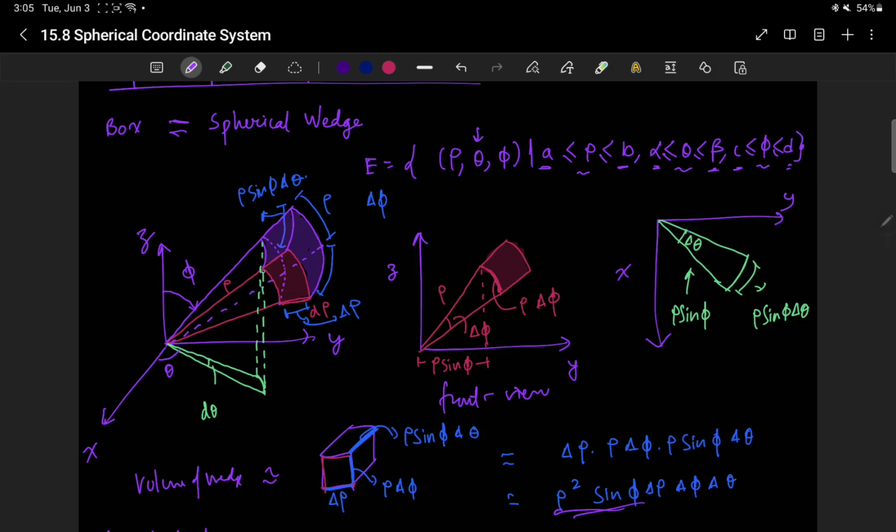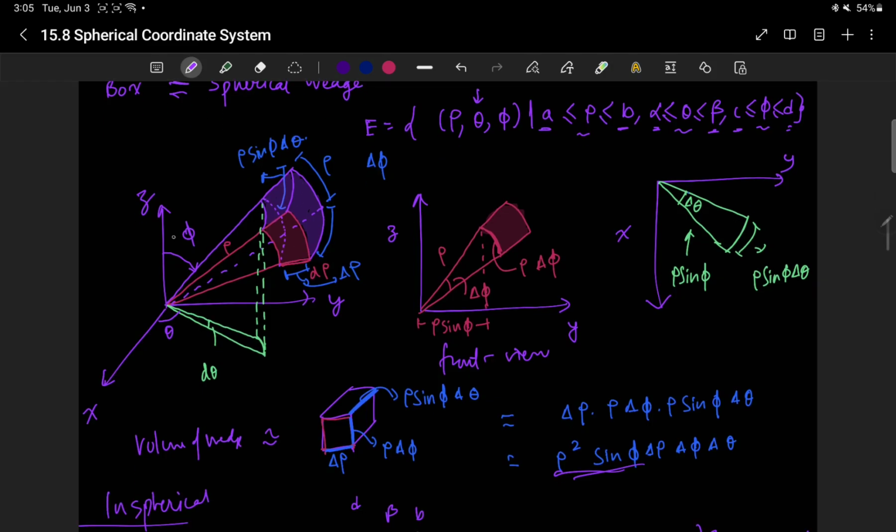So we have rho. The spherical wedge is not a rectangle. It has the rho, which is the distance from the center. That's along this red axis. Then along the purple axis, we have a change in theta and we have a change in phi.